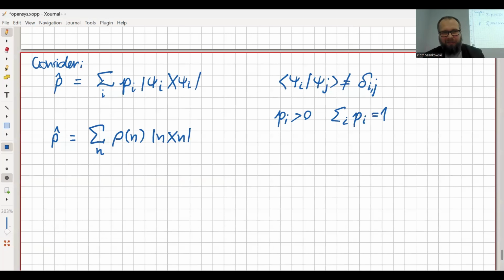But again, because rho is non-negative and trace 1, the eigenvalues, so rho n, are always non-negative, and when you sum them up, they add up to identity, as we noted previously.